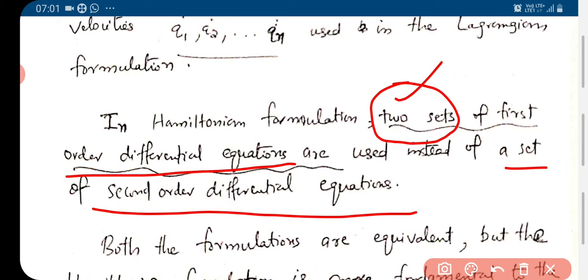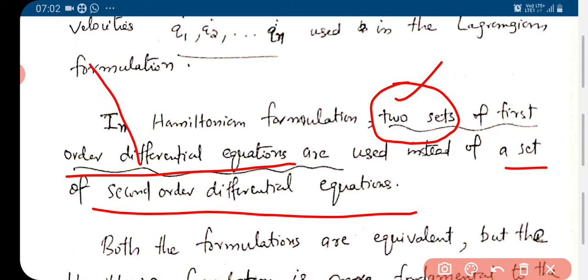So we have double the number of equations as in the Lagrangian formulation, but all of them are first order differential equations, which are more convenient to solve.